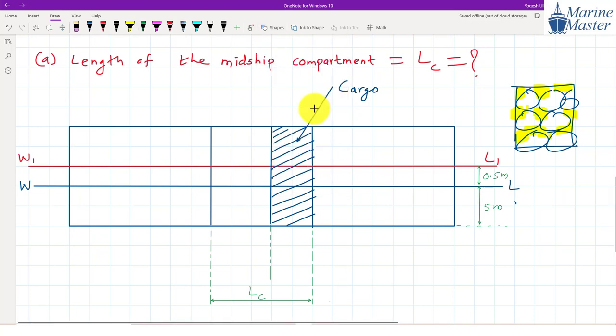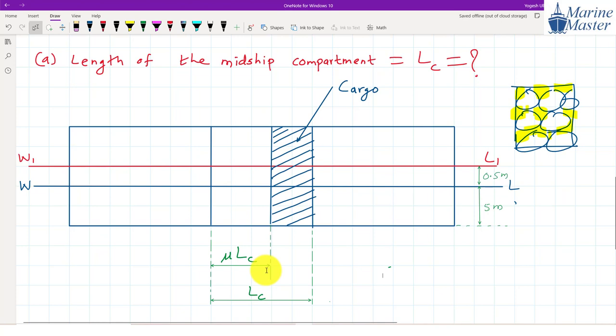Can anyone help me with how much this length will be? 0.6 times LC, correct? Means we can say mu LC. Can we say this length is mu LC, everyone? Okay, good.